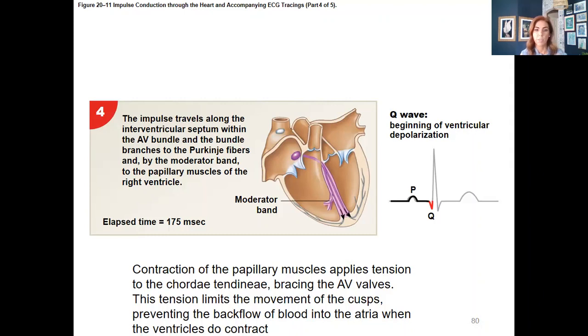Again, this is going to be important for valves because, as I stated in part 1, if the valves aren't working appropriately, then you can have regurgitation, which is the backflow of blood, and this can then affect the entire system. So all of these little fine details are important so that the heart can work specifically as it's supposed to, just so that you can get blood all the way down to your big toe.